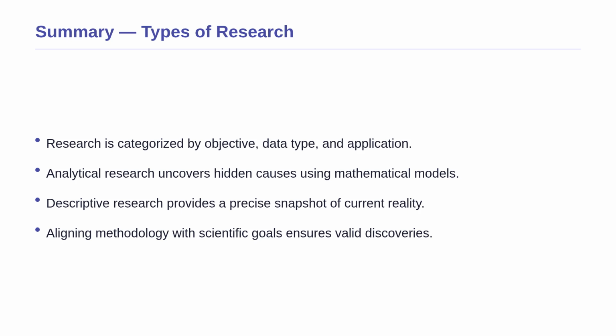Finally, knowing whether you are conducting basic theory building or applied problem solving is essential. By mastering these distinctions, you ensure your methodology perfectly aligns with your scientific goals, leading you to valid and impactful discoveries. You are now ready to start your research journey.